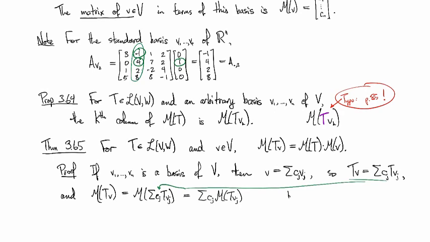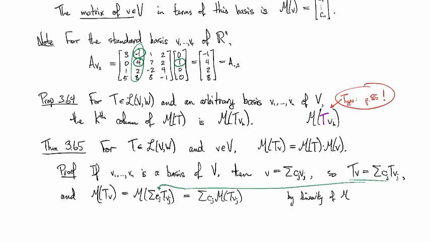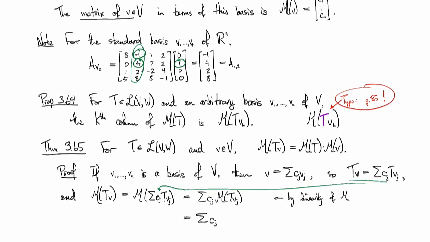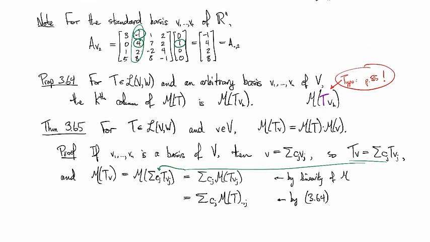This is by linearity of M. And then we've got this proposition just a couple lines up that tells us that M of T vj is the jth column of M of T. So this is by 364, which we did just above.